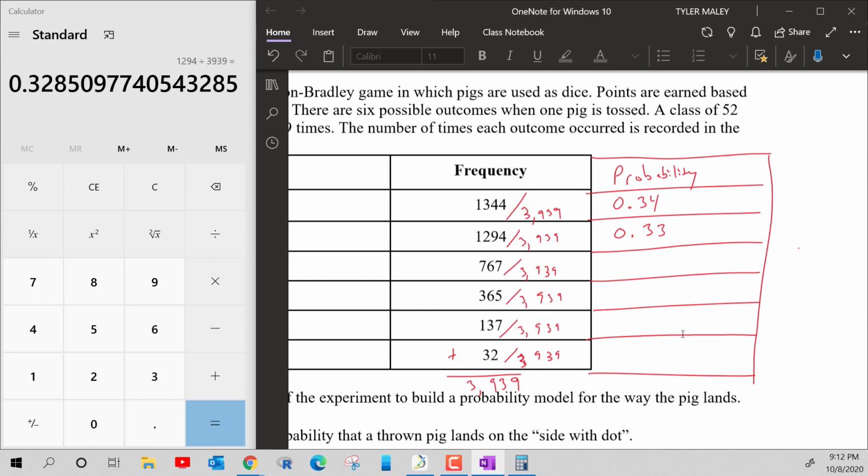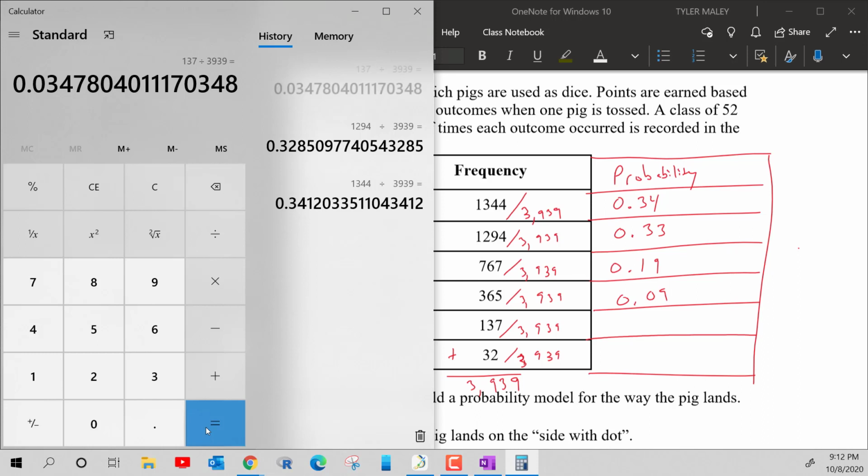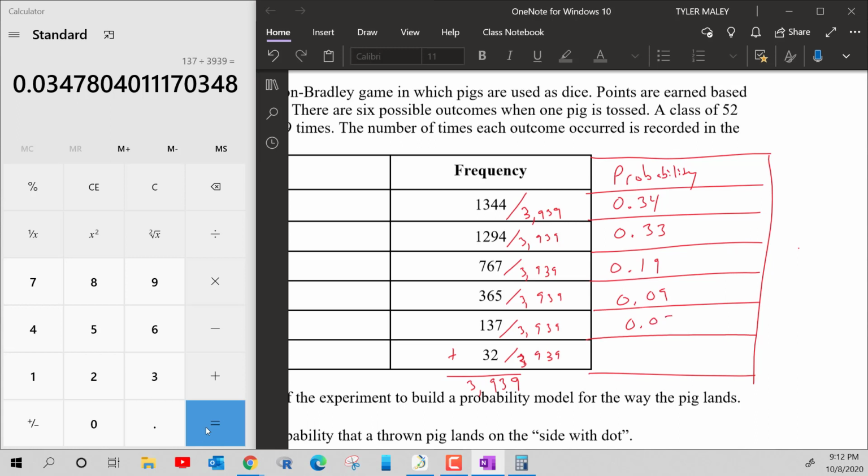I would do this for all of these. The next one we get roughly 0.19, and then 0.09. This is something I wanted to point out. If I do the next one, 137 divided by 3,939, I get roughly 0.03 if I round to 2 decimal spots. But notice, it's somewhat close to 0.04, almost halfway.